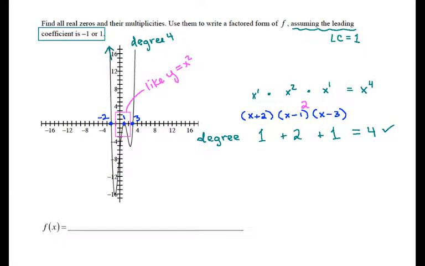An even degree polynomial with a positive leading coefficient has the ends going up. So my final answer for this whole function would be just these factors with no number other than 1 multiplied. Therefore, I don't have to write a coefficient onto the start of it.